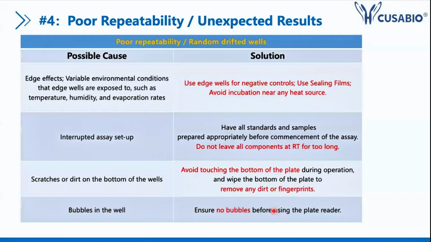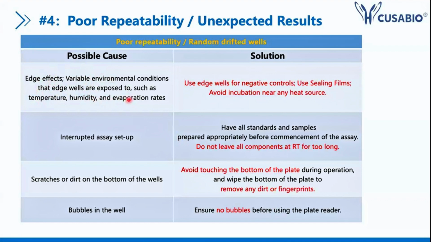Some causes can come from the environment, like the incubation environment. But here, I want to remind you of another thing, the edge effect. We usually perform our ELISA experiment with a 96-well plate, or microplate, right? The edge wells are easily affected by the variable environment, like temperature and humidity.